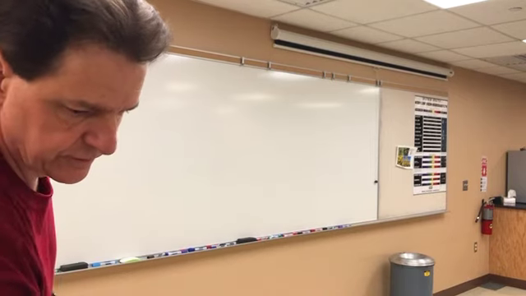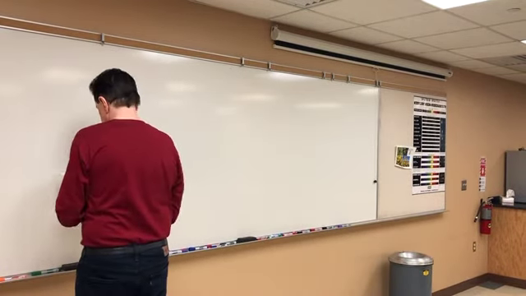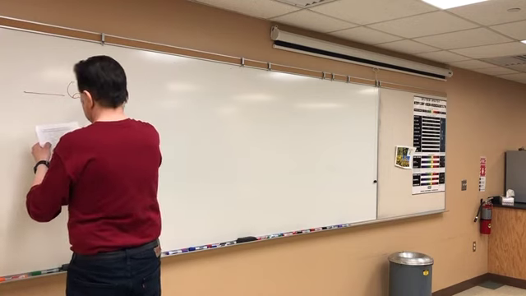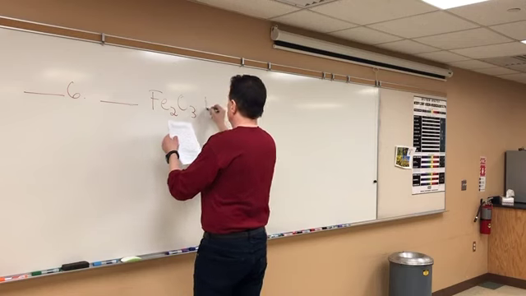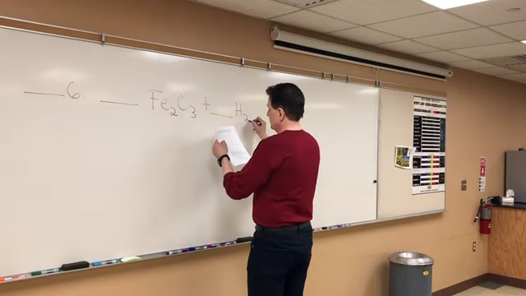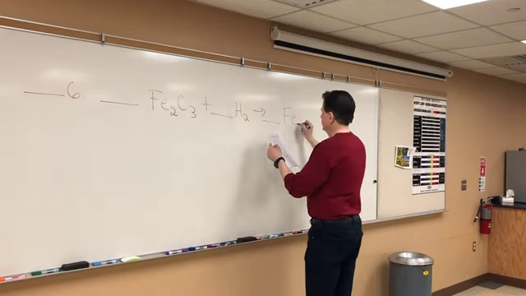All right, take a look at 6. Let's see here. We've got Fe2O3, H2, Fe, H2O. Okay.